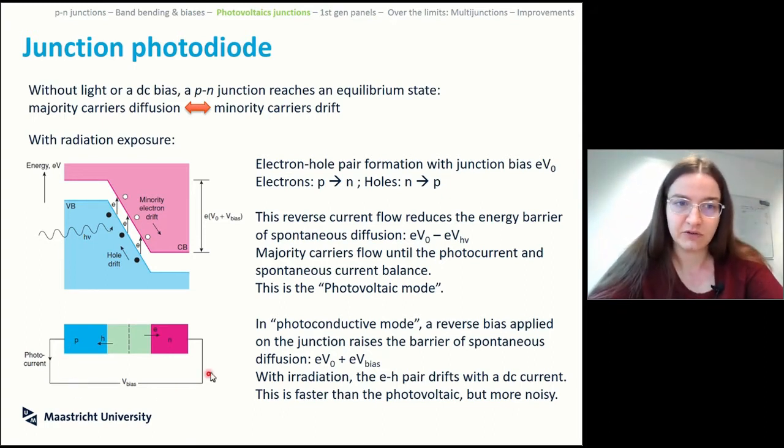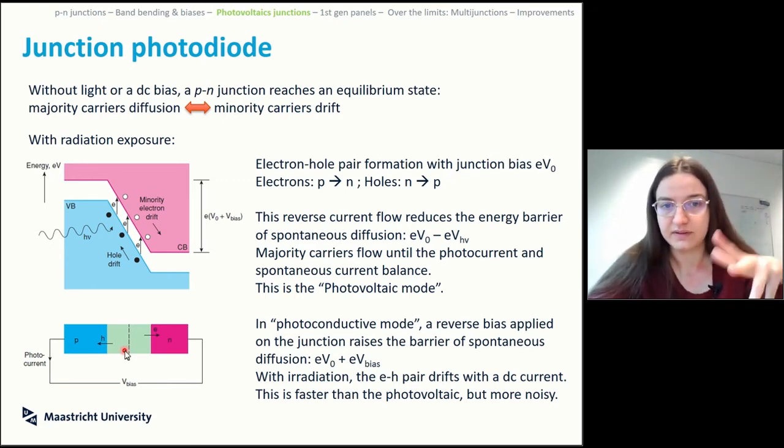So you can see that when you connect the bias, the photocurrent goes in this direction. So electrons on one side, holes on the other. Depending on where you apply the bias, you can make this go faster, slower, and so on.